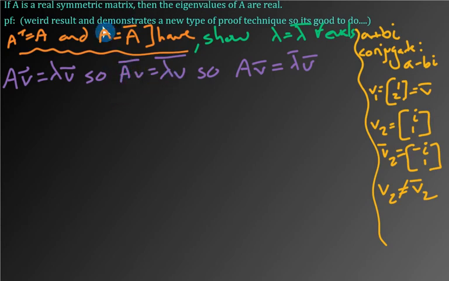When we apply it to A, based on what we have here, we know that A conjugate is equal to A. We can't assume that V conjugate is equal to V because we don't know anything about the eigenvector being real. We just know we want to show the eigenvalues are real, but this isn't necessarily one where we can just write V here. Okay, so these were arrow vectors, which, for clarity, let's get rid of. And then these are conjugate bars. Okay, so that's going to be important.